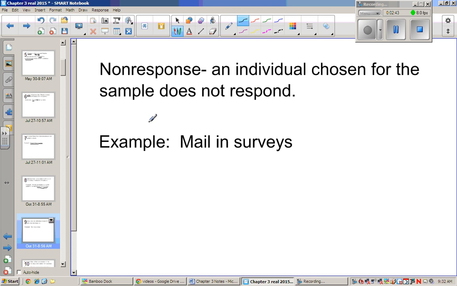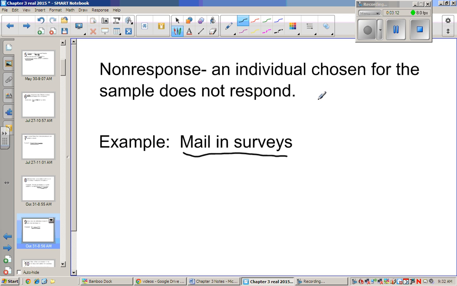Non-response is a survey in which an individual chosen for the sample does not respond. So there's mail-in surveys. When my son Charlie broke his leg, about 2 weeks after he got home, we got a survey in the mail about how we felt about the hospital, and some people will send those in, and some people won't send those in, and it might not be representative of the whole population.